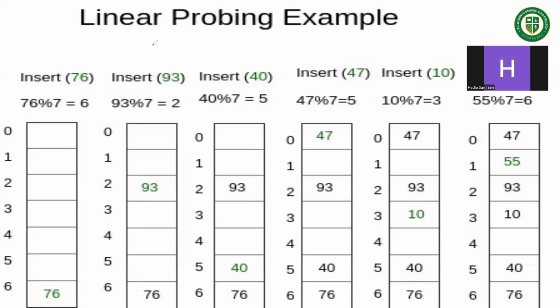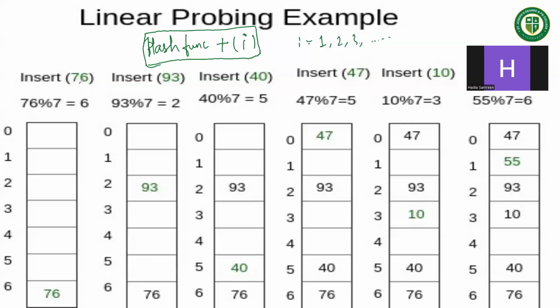In linear probing, we will use a formula: hash function plus I, where I is 1, 2, 3, and so on. Let's see what we can do by using this, how we will resolve this.